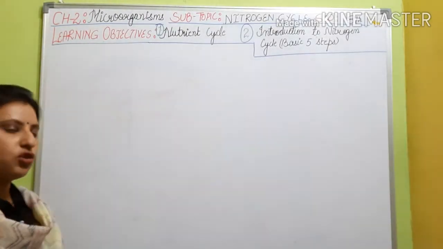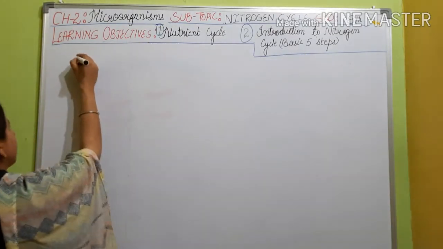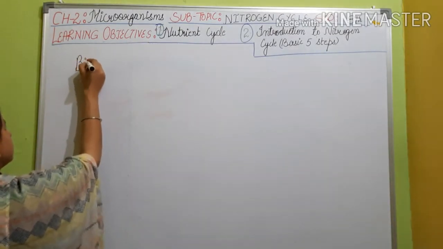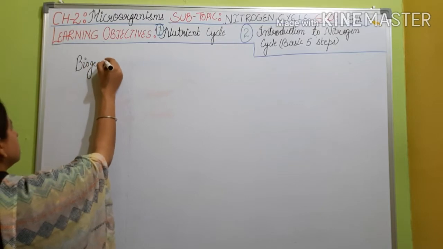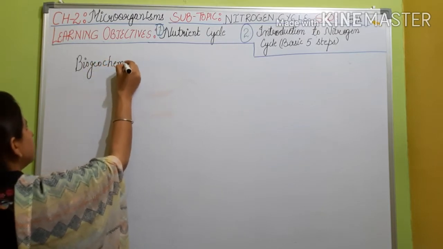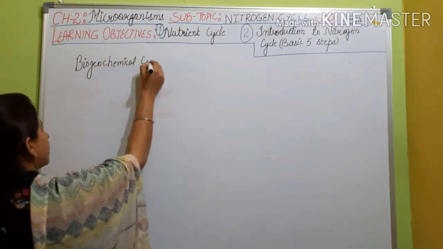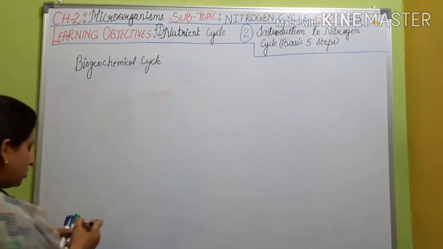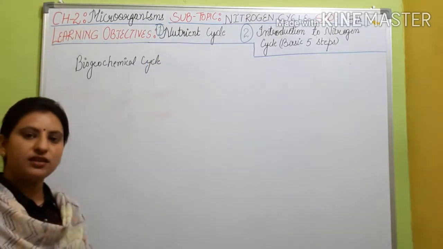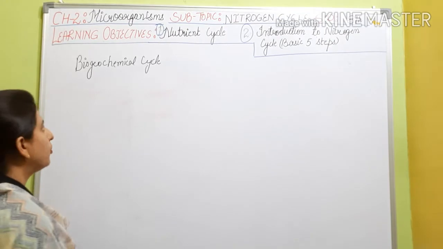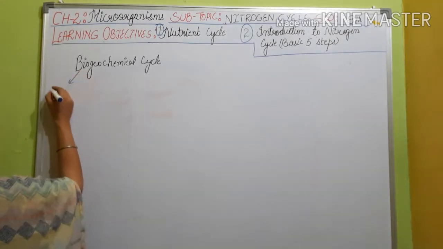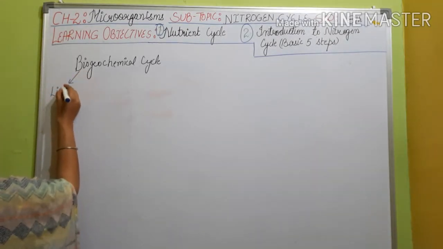Nutrient cycle is also called the biogeochemical cycle. Now this word biogeochemical is a combination of 3 things. Bio means living organisms.